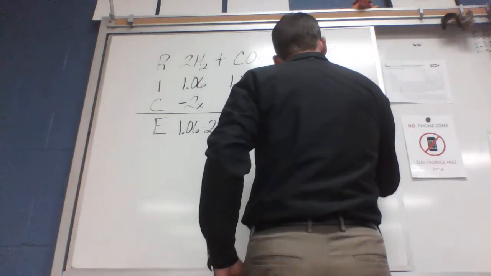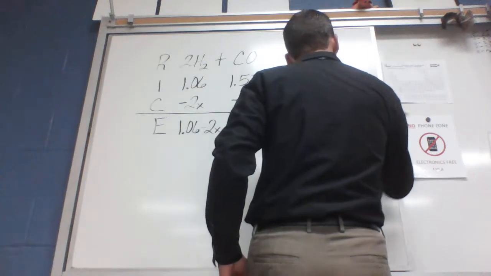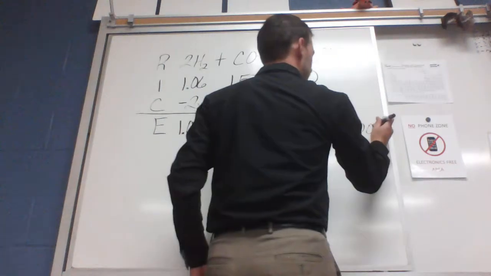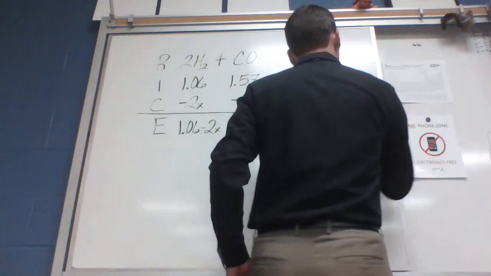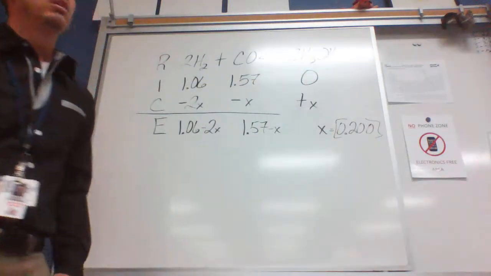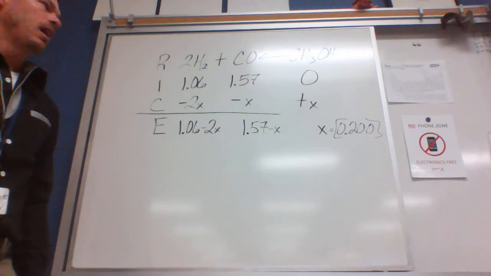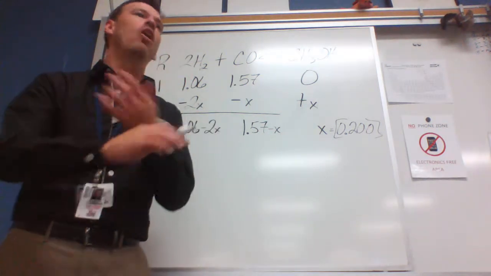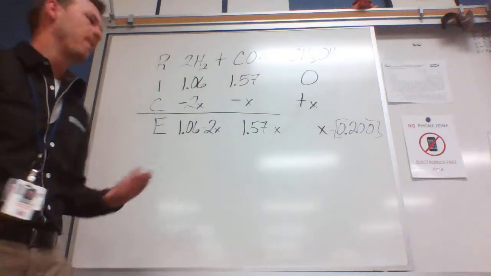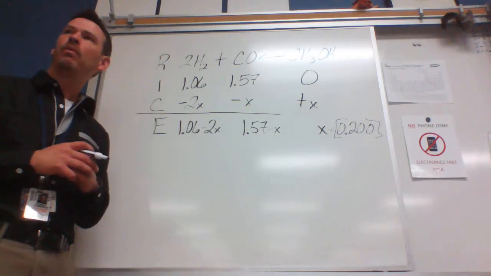That this guy right here equals 0.2. It says moles, but divided by 1 is actually going to be a molarity. So it gave us that number. And since all we had over there was x, I now know all of the x values, which makes solving the rest of this very simple.